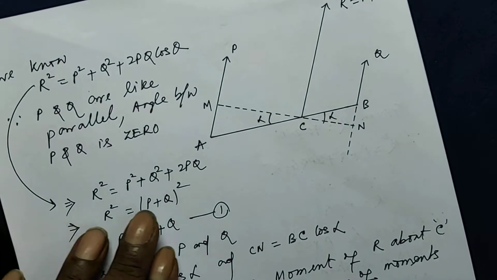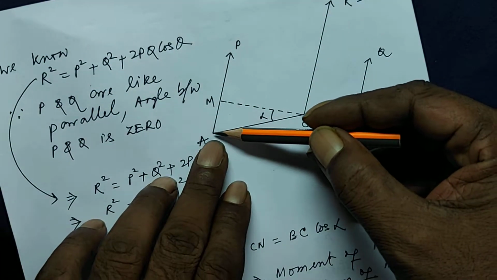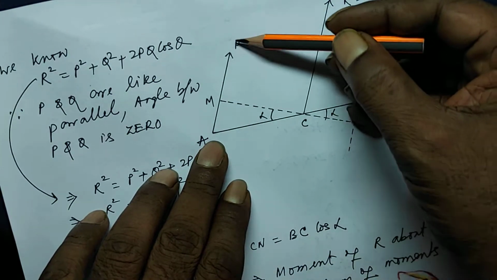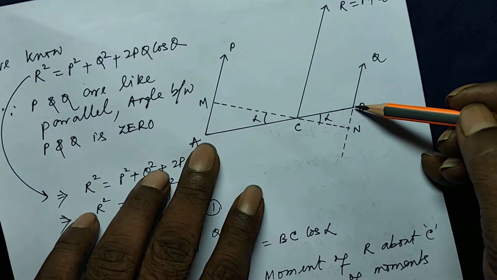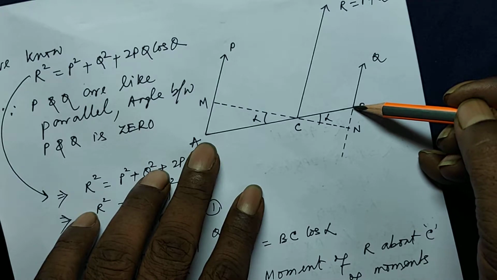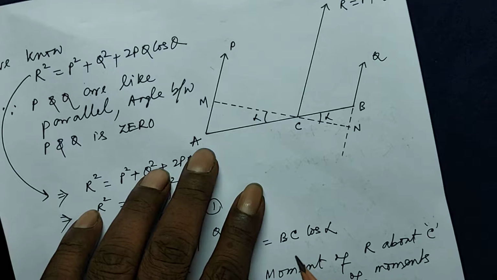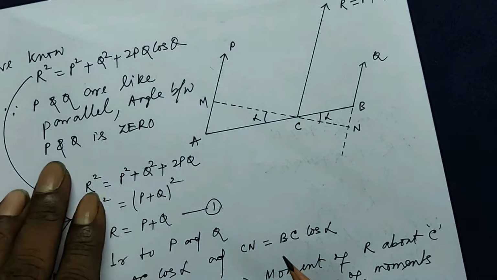Now if you look at the diagram, from the point A, force P is acting to this side, and from the point B, another force Q is acting to this side. Both P and Q are parallel, means angle between them is 0.